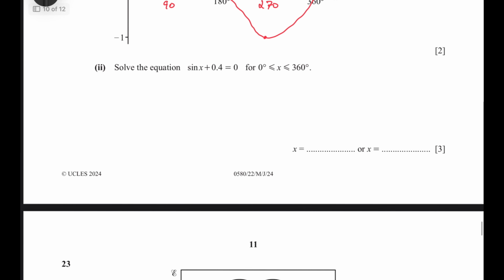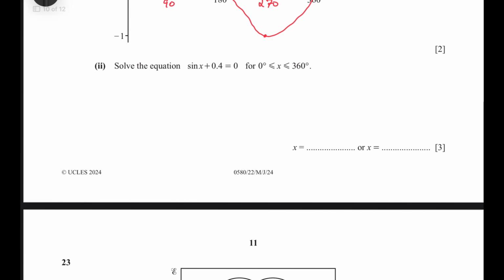Second part. Solve the equation sin x plus 0.4 equals 0 for x between 0 and 360. In this range, this is the first, second, third quadrant. You know that over here all are positive, sine positive, tan and cos positive.